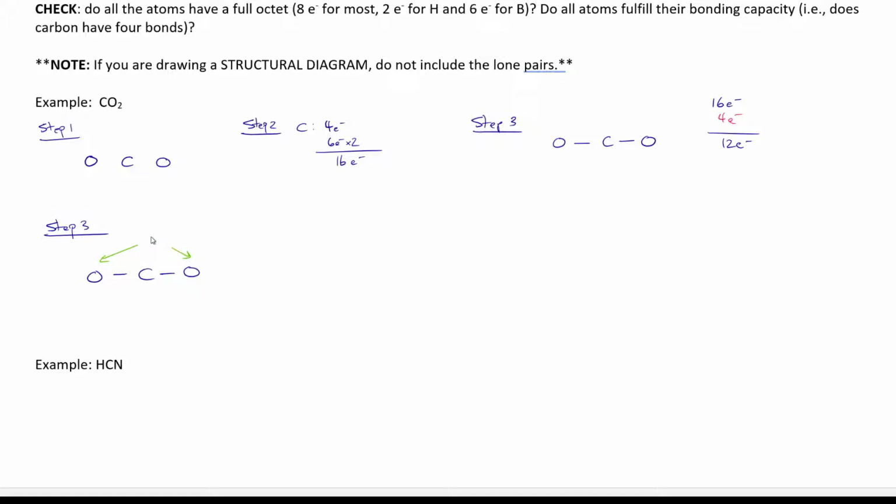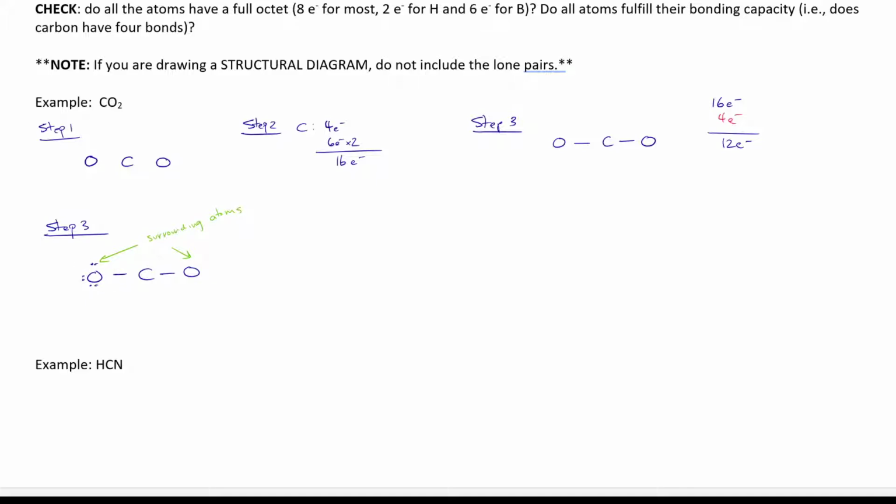The oxygens are your surrounding atoms, and that's because carbon was your central atom. So we need to complete the octets of these surrounding atoms, so complete their outer shells. Right now they have 2 electrons, so they need 2, 4, 6, and now altogether they will have 8, or they will have an octet, right?